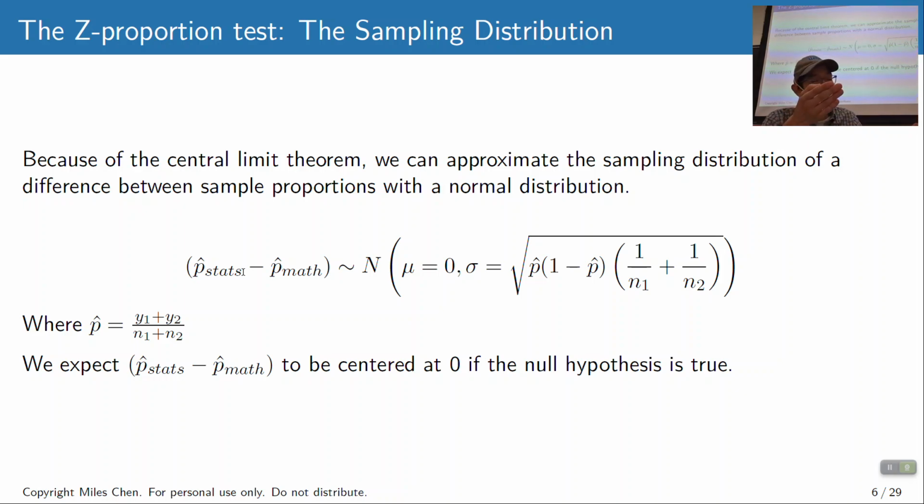It's going to follow a normal distribution. The mean is 0. And then we have this complicated formula for the standard error, and we just throw that in there. But basically, it's a normal distribution centered at 0 with some kind of standard error.